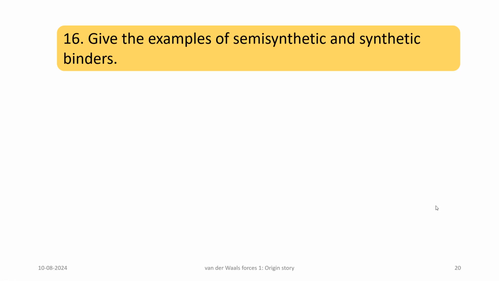Next, give the examples of semi-synthetic and synthetic binders. There are different types of binders we have seen: natural binders, synthetic, semi-synthetic, and other types of binders where alcohol, isopropyl alcohol, chloroform come.